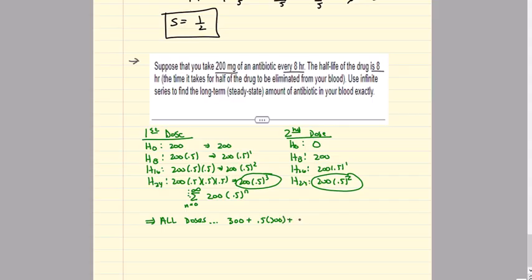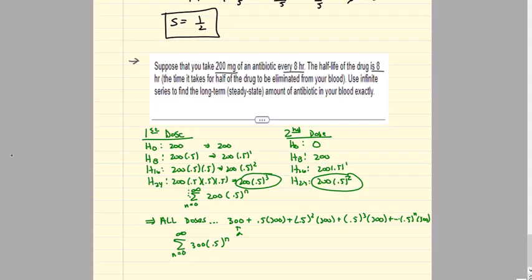And the one I took before that would be 0.5 squared times 300 plus 0.5 cubed times 300, and I think you get the idea. And then this eventually goes up to 0.5 to the n times 300. So I should be able to write this in a geometric series. n equals 0 to infinity. A is my first term, 300, and obviously 0.5 is my ratio.